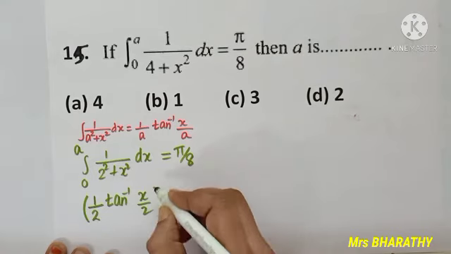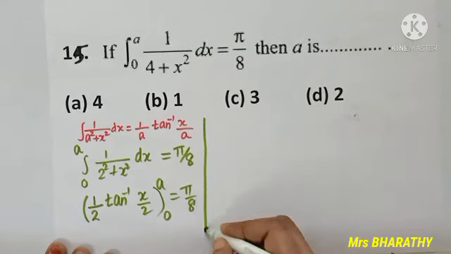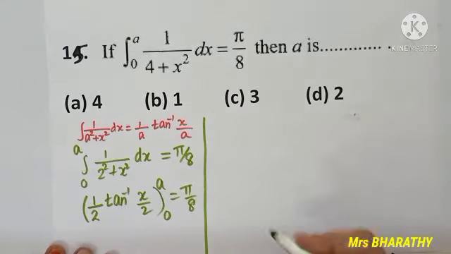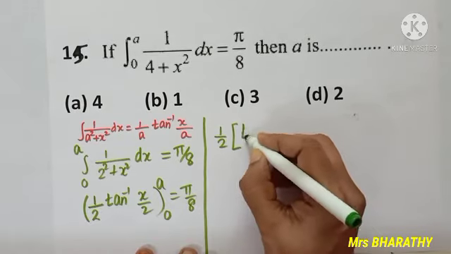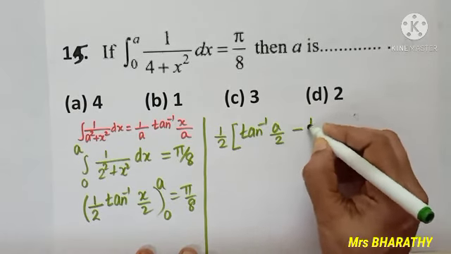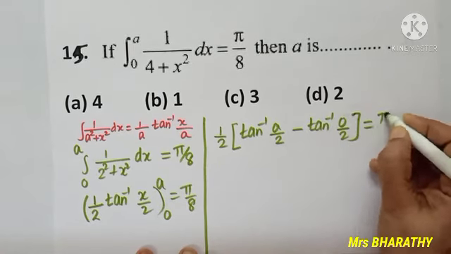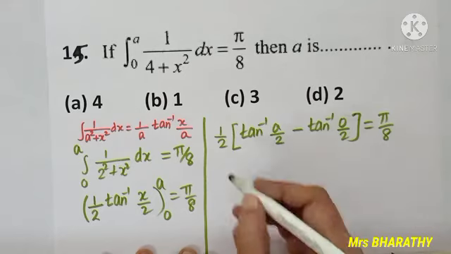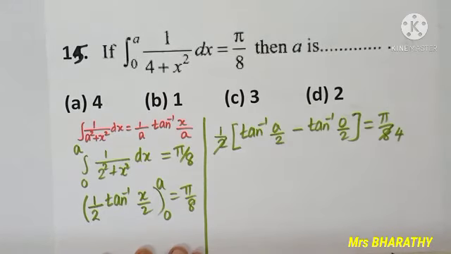Between the limits 0 to a is pi by 8. As I apply the upper limit, it is 1 by 2 into tan inverse a by 2 minus tan inverse 0 by 2, which is pi by 8. I can cancel 2 and 8 here.